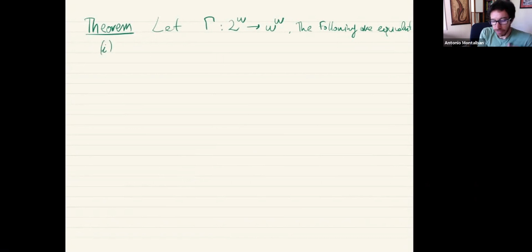computable. What does it mean that a function from 2 to the omega to omega to the omega is computable? Here's a definition.